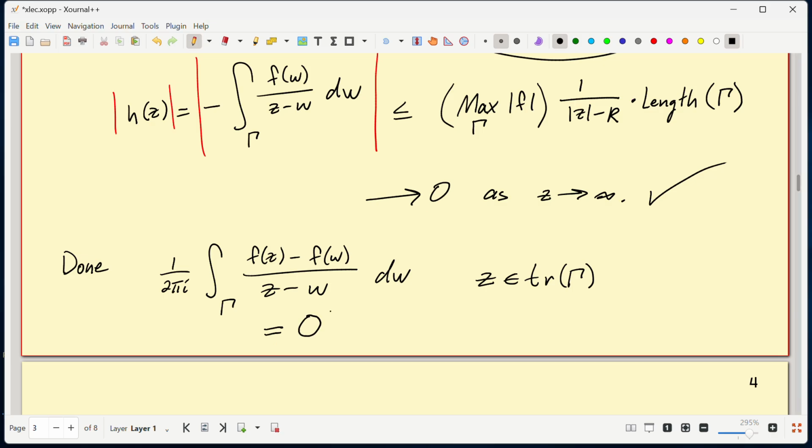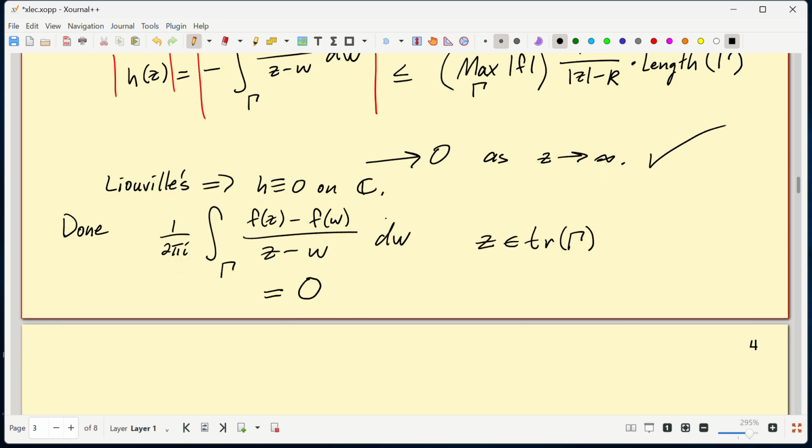So I should say here, Liouville's theorem implies that h is identically 0 on C. And now I write out what h is, and when I have a z not in the trace, that gives me 0.